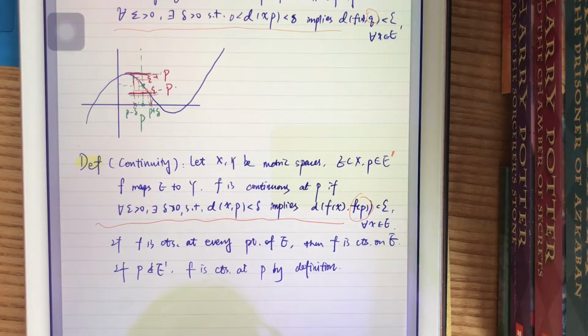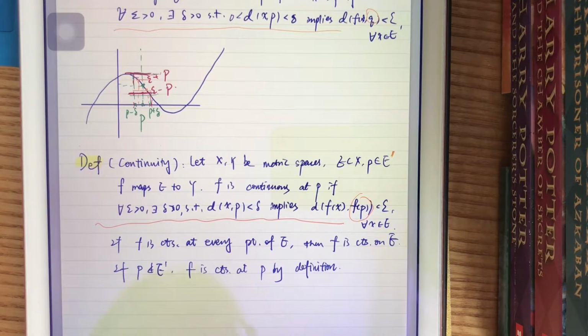For the limit we don't actually care about the value of the function at the point; we just care about the points closer to p. But for a continuous function, we need to focus not only on those closer to p, but also on the value of the function at p, and f(p) must be the limit of that function.